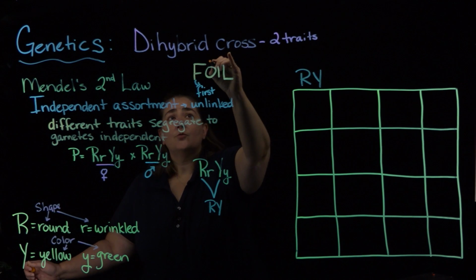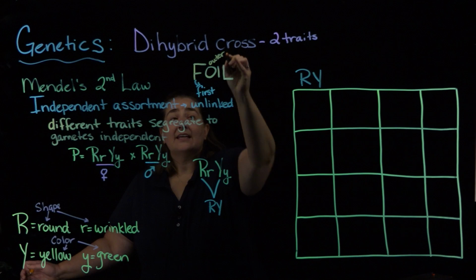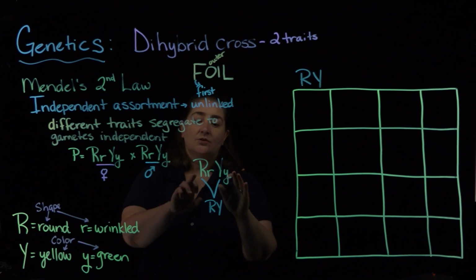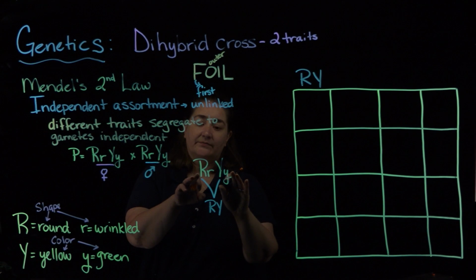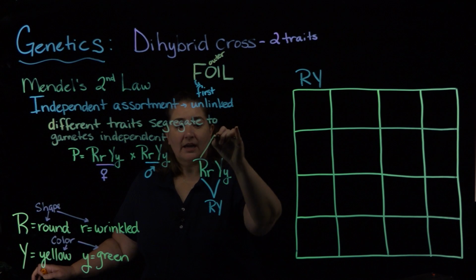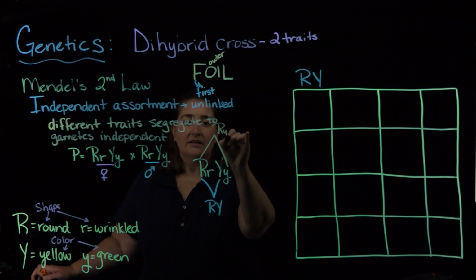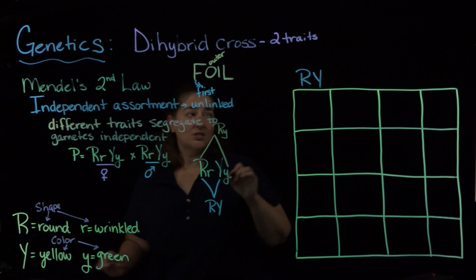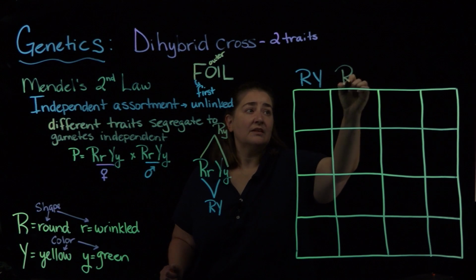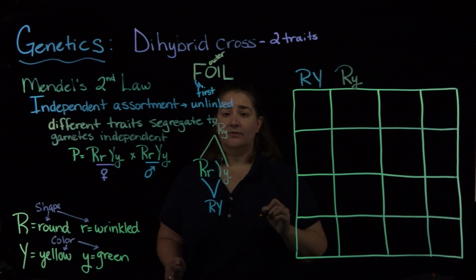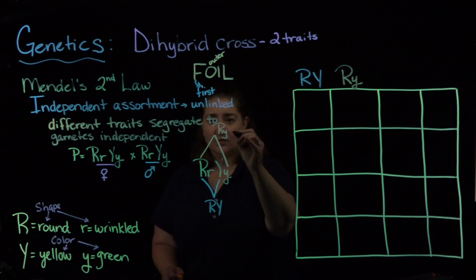Next, the O stands for outer, so you're going to take the outsides. We've got our capital R, our lowercase y. That's our next combination of gametes that can go into our Punnett square: capital R, lowercase y.